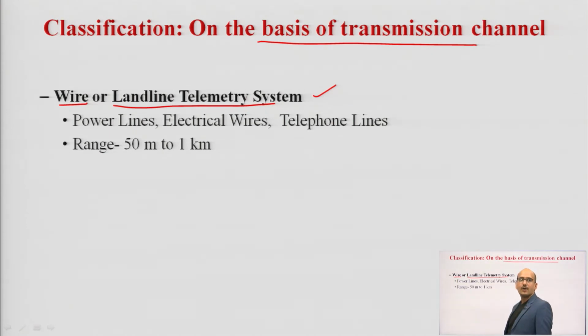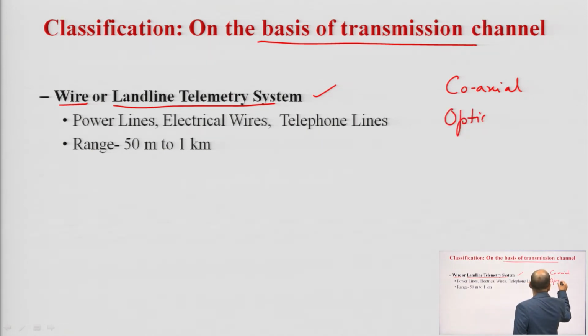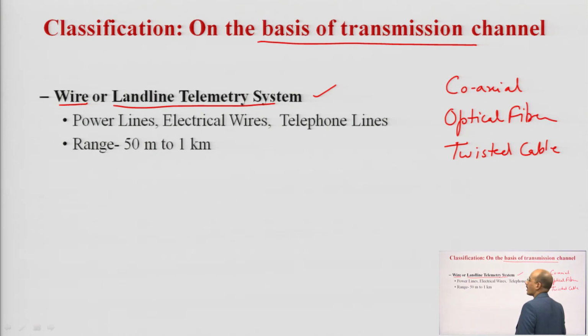In a wired or landline telemetry system, you can use coaxial cables, optical fiber, twisted copper cable, or any other physical wire or transmission line.